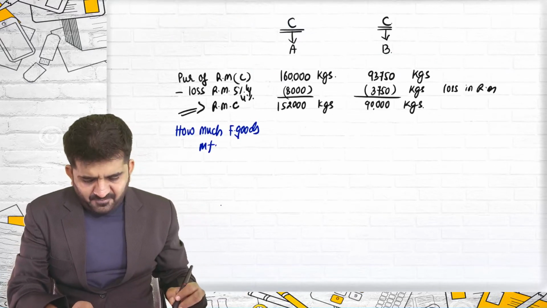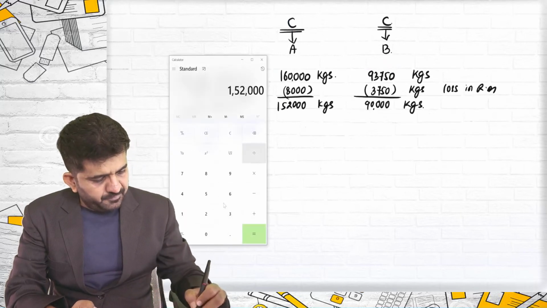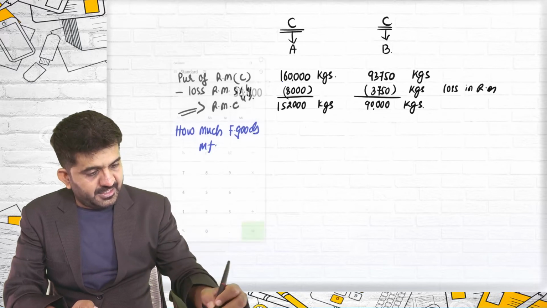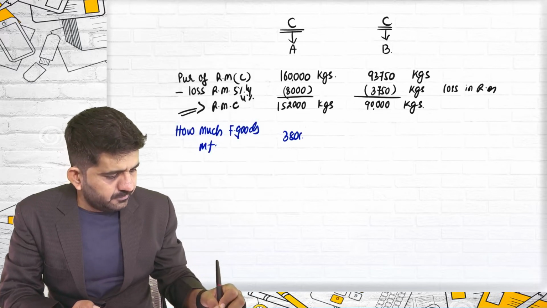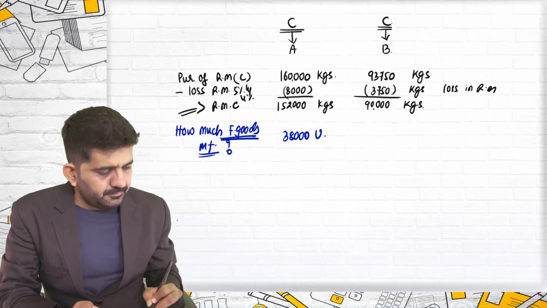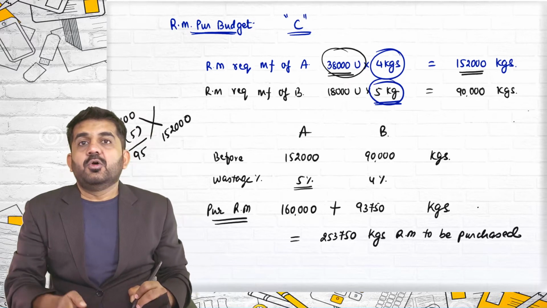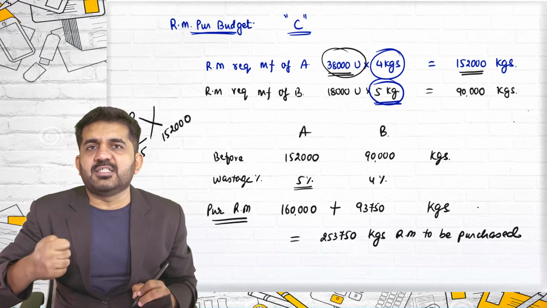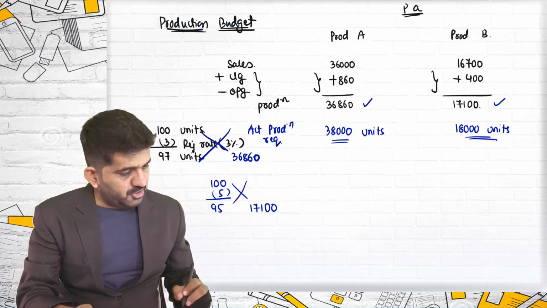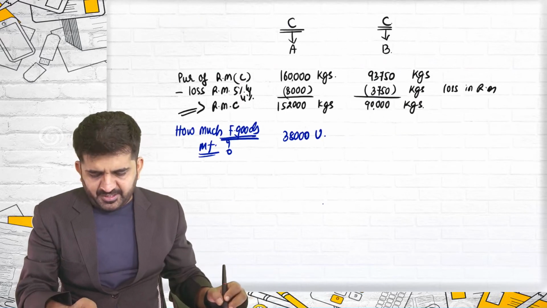So in 1,52,000 kgs, you can manufacture 152 divided by 4 kgs, that is 38,000 units. Now, we are talking about finished goods. And here it is 5 kgs. 5 kgs of raw material C is required to manufacture a finished good. So this will be 90,000 divided by 5.